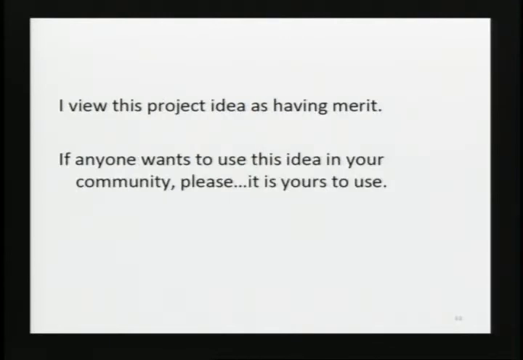I view this project idea as having merit. In fact, I'm a little bit excited about this project. It's solid in a number of ways. If anyone wants to use this idea in your community, please, it is yours to use.